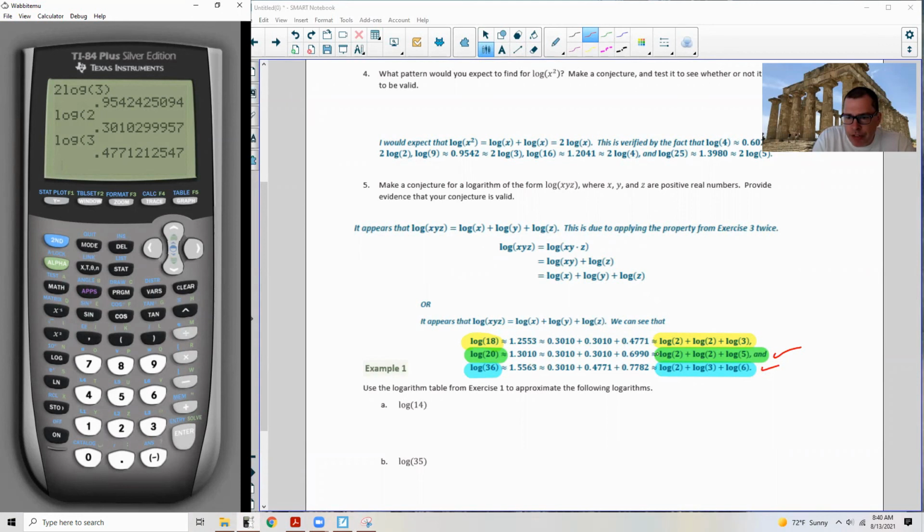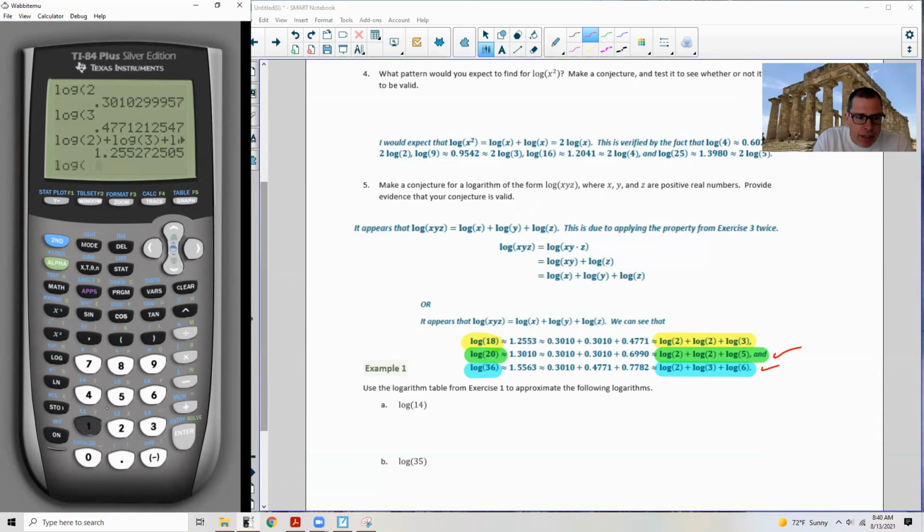So I tried to figure out which one they did wrong. I tried log 2 plus, it's either 2, 3, 3 or how else can we get 18? 3 times 3 is 9 times 2 is 18. I'm thinking it's 2, 3, 3. So if I do the log of 2 plus the log of 3 plus the log of 3, that is going to give me 1.2552, rounded to 3, which is this.